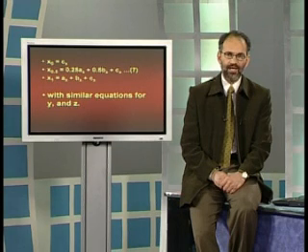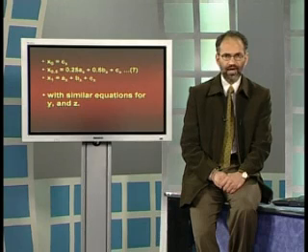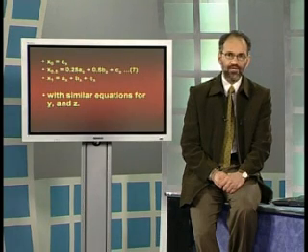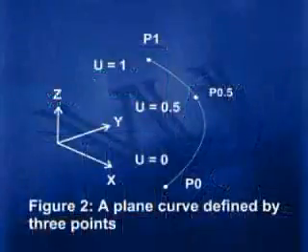Making use of the same idea, replacing u with 0, 0.5 and 1 respectively, we can find the values for y0, y0.5, y1, and similarly z0, z0.5 and z1. All these can be evaluated making use of the u values of 0, 0.5 and 1.